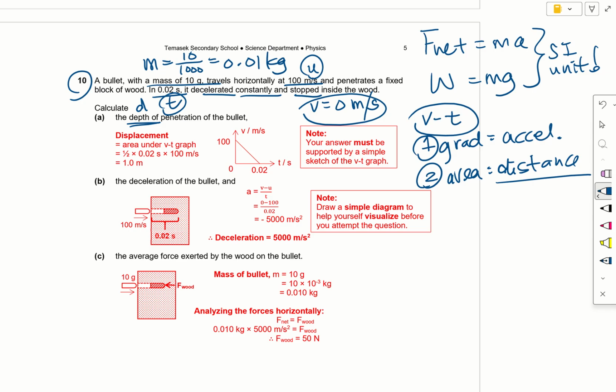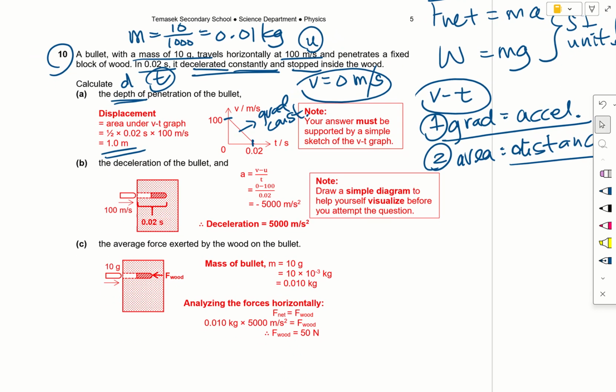So we can plot our graph here, and because the question says that it decelerated constantly, therefore the gradient must be constant, which means it's a straight line, and because it decelerates, that's why it is downward sloping. Once you have changed everything to SI unit, you can find your displacement to be 1 meter, which is the area under the graph.